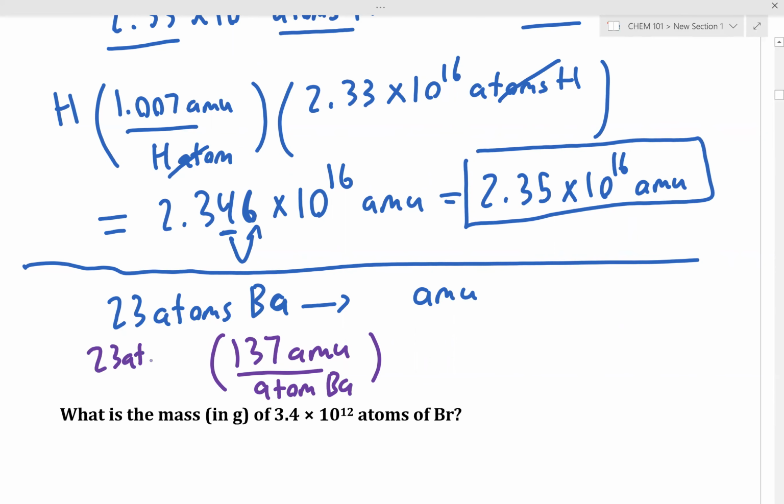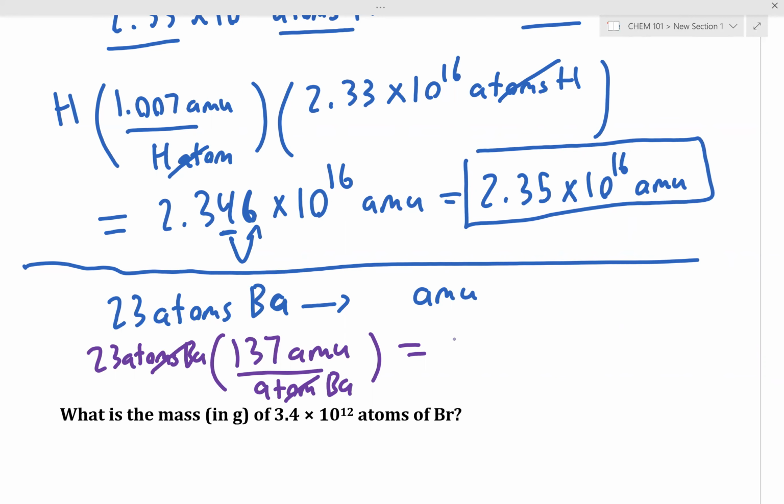So we have 23 atoms of barium. Our units of atoms cancel, and we end up with, punching this into our calculator, 23 times 137, which gives us roughly 3,100 AMU.